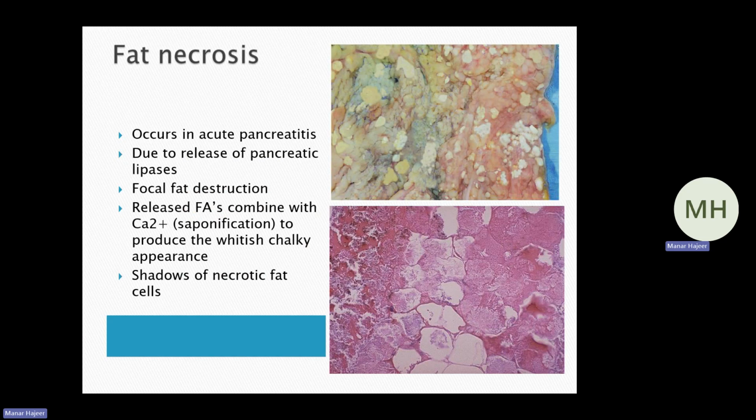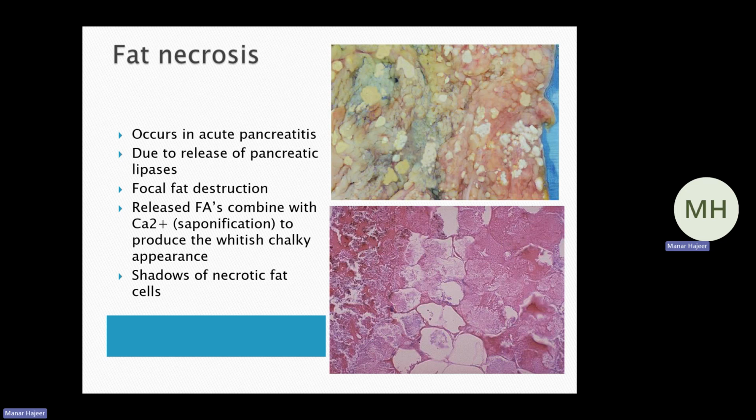The fat necrosis من اسمه necrosis of the fat. It occurs usually, the best example is in acute pancreatitis due to release of pancreatic enzymes, which are the lipases. This will lead to focal fat destruction, and as you know, the pancreas is surrounded by fat in the abdomen, and these lipases will digest this fat.